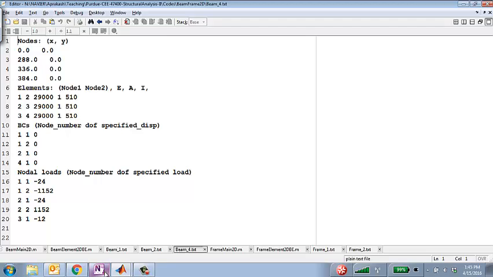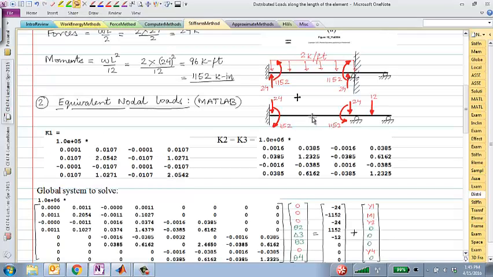So I will maybe number those elements and nodes also. So I have node 1, node 2, node 3, and node 4. Since there are 4 nodes, what would be the size of the global stiffness matrix? 8 by 8. Each node has 2 degrees of freedom.